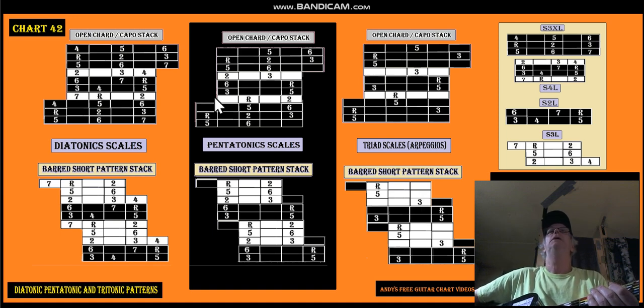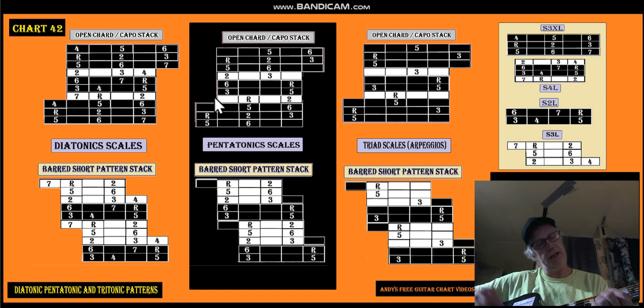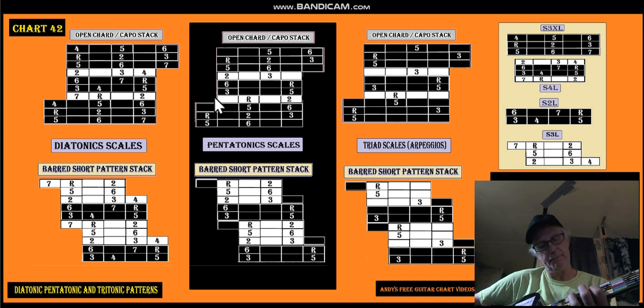So we're not going to be able to get that A shape for the short pattern. But what does A go to in CAGED? It goes to the G shape. Okay, so it's here. So you can just do the G shape.